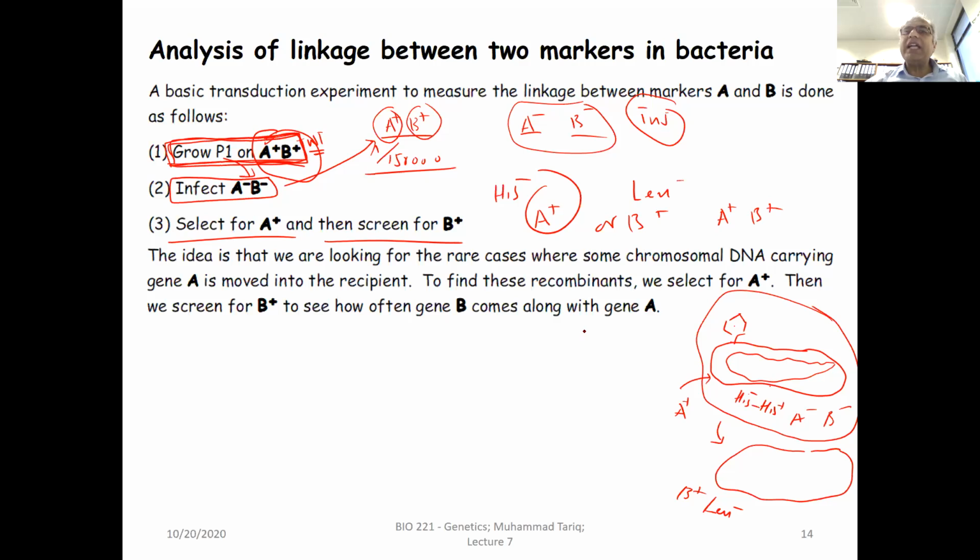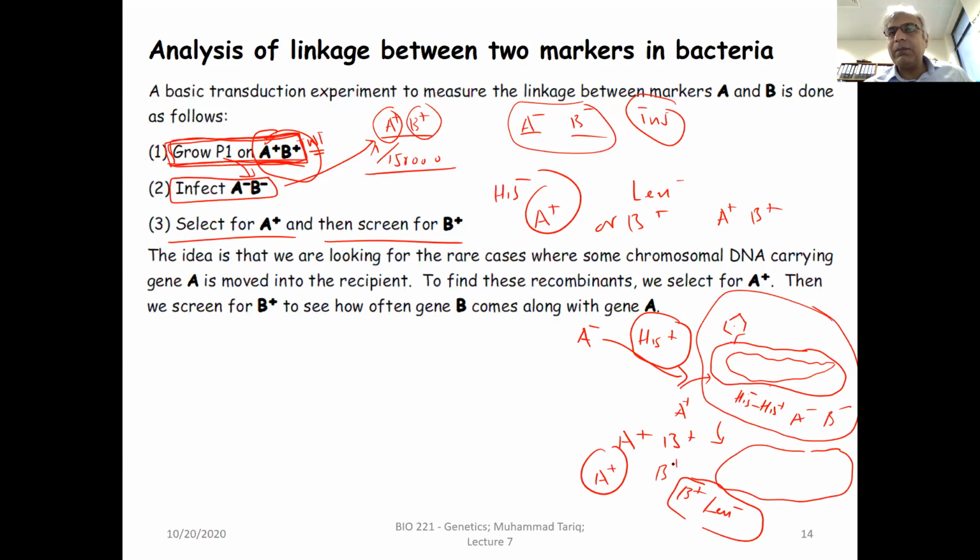If you find that A minus, which is His minus, is rescued by the phage and has turned bacteria into His plus always, but it is never making A plus B plus, then individually a different phage is giving you A plus and a different one is giving B plus.